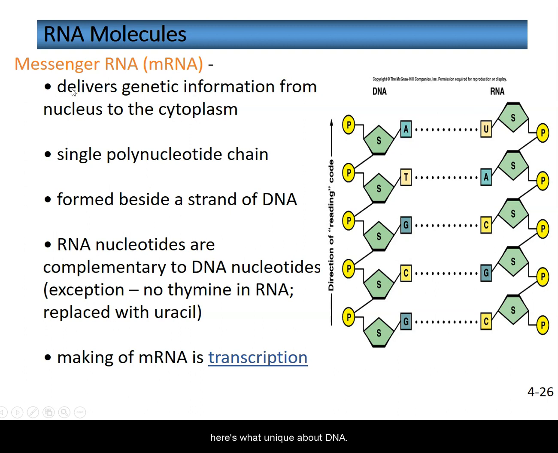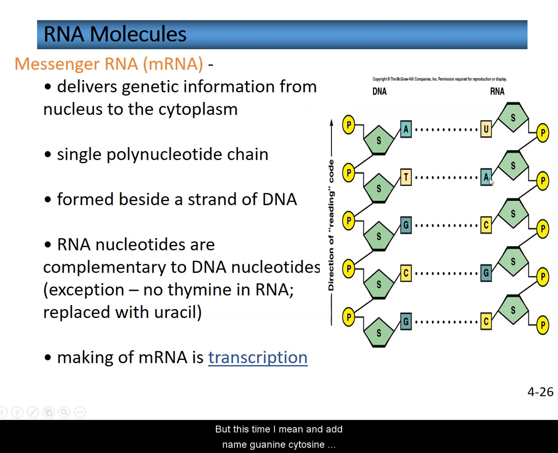Okay, so here's what's unique about DNA. Our DNA has adenine, thymine, guanine, and cytosine. RNA has no thymine, it only has uracil. Okay, so A, which usually matches up with T, we have a uracil comes in, and a hydrogen complementary bond forms to this temporarily adenine.